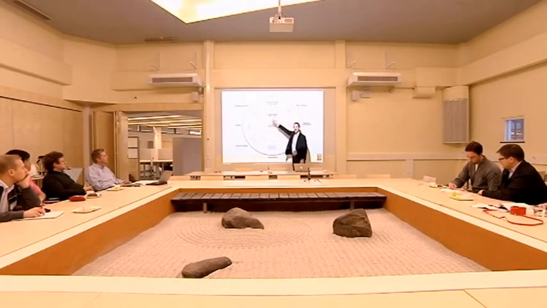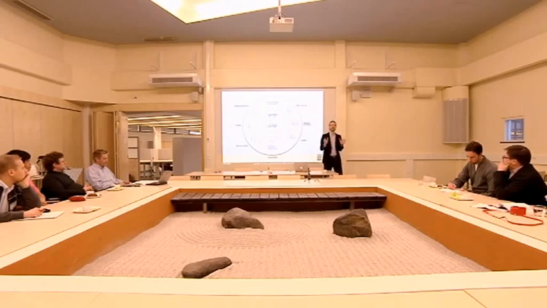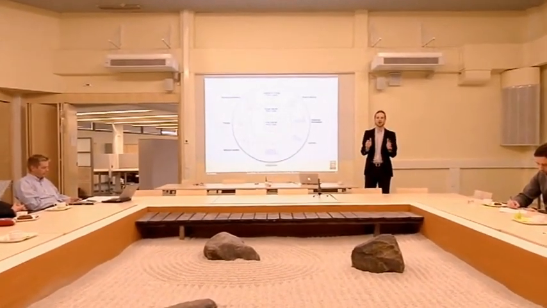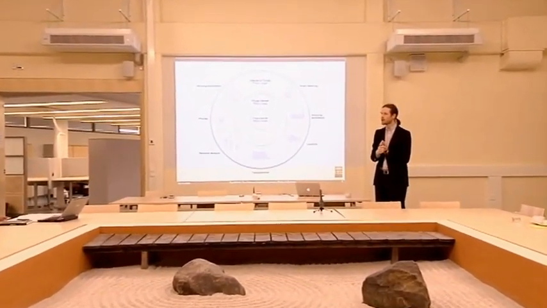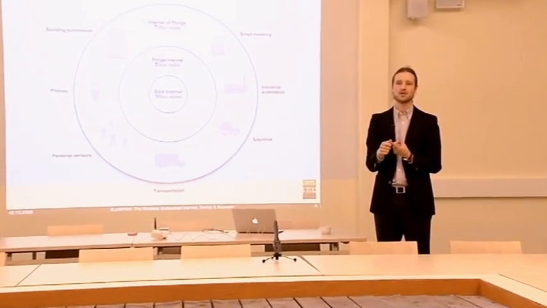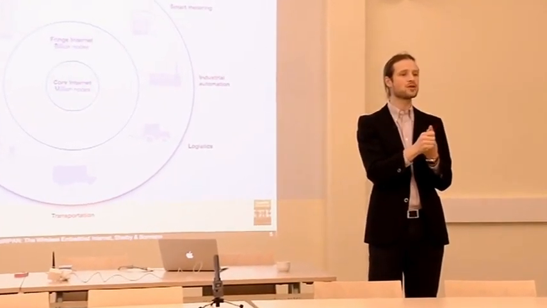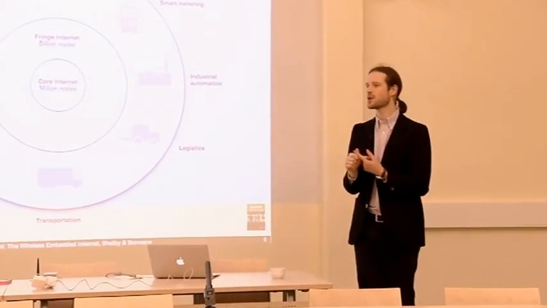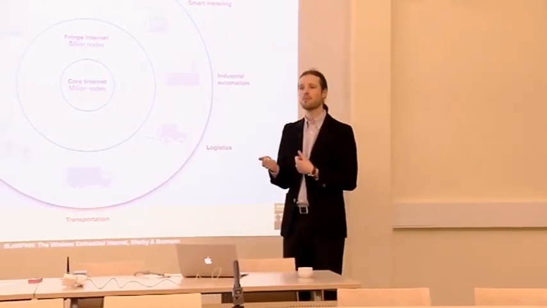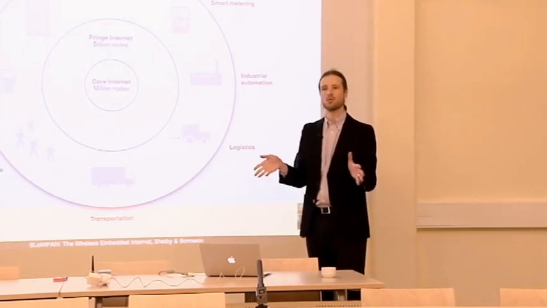On top of that, we have what's called the fringe Internet. And the fringe Internet is what's been growing so far today, and that's today in the billions of nodes. And the growth of the fringe Internet is totally related to the number of users of the Internet. So this is really people-centric. This is growing as fast as we have people with mobile phones and PCs, some home entertainment, multimedia equipment.